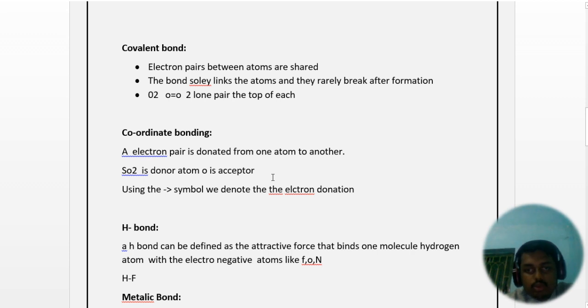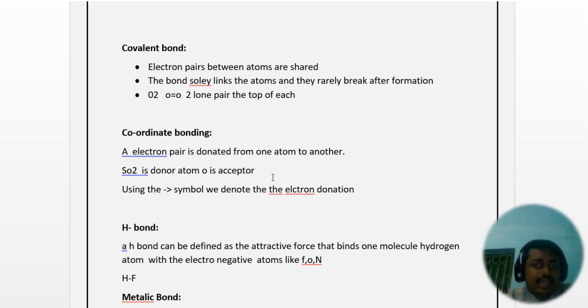One example of coordinate bonding is SO2, where sulfur is the donor atom and oxygen is an acceptor atom. We use the arrow symbol to denote where the donation has occurred. This type of coordinate bonding is very common in transition elements.